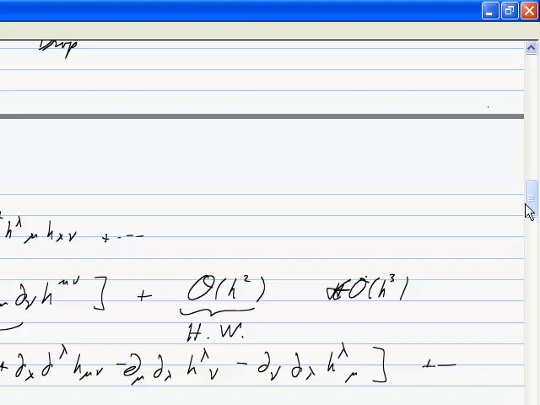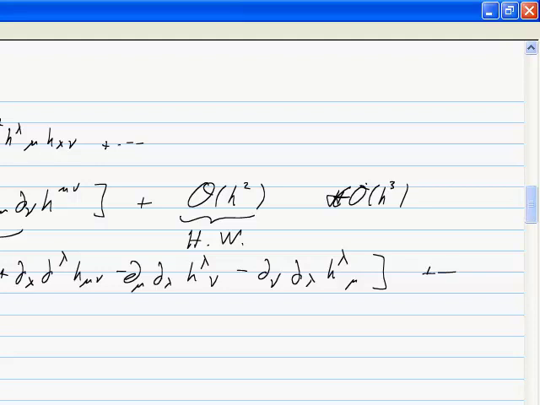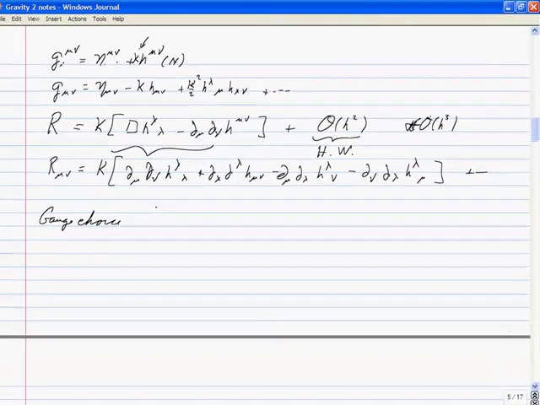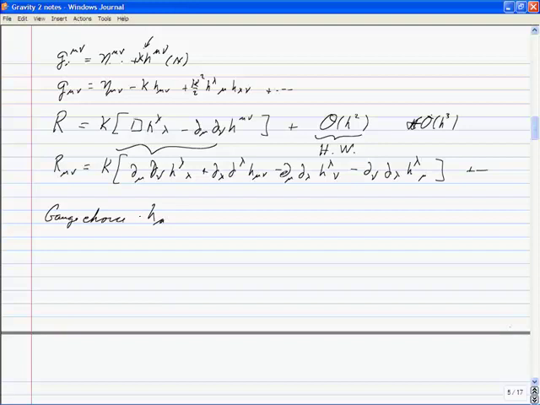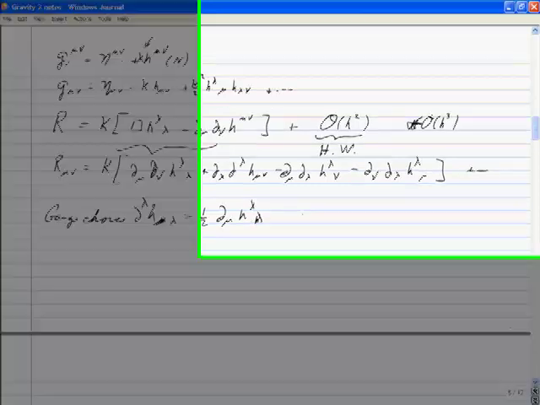At this stage, it's good to do a gauge choice. Harmonic gauge is the derivative lambda h mu lambda is 1/2 the derivative mu h lambda lambda. Okay, so that's harmonic.